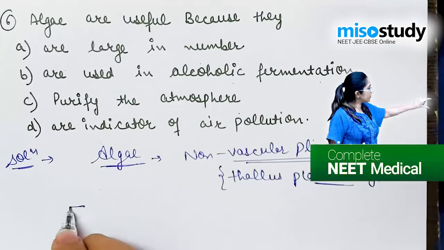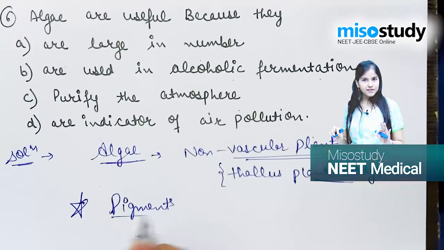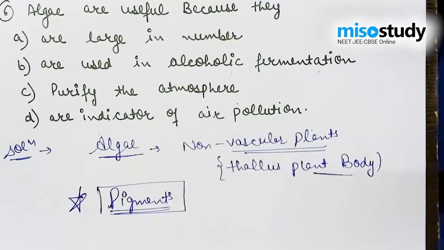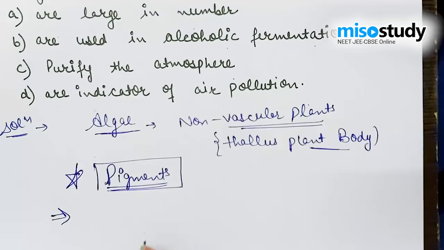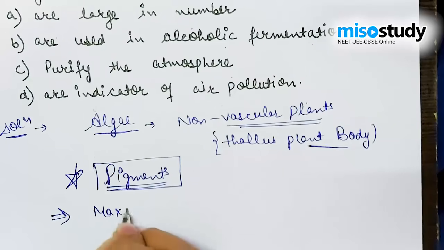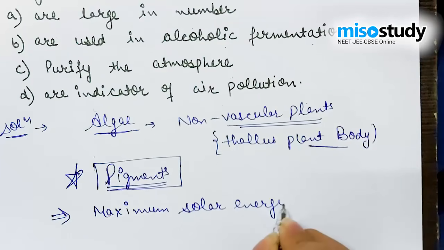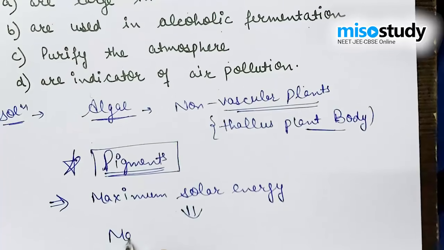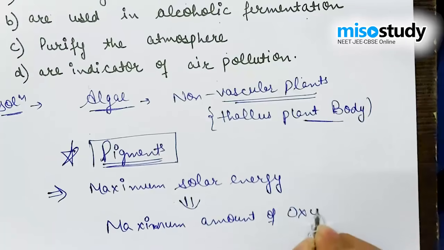Apart from all these, we all know algae are separated on the basis of the presence of pigments. There are various kinds of pigments involved in the various kinds of algae. Algae also have unique features: they help to entrap the maximum solar energy from the atmosphere and convert it to produce the maximum amount of oxygen.